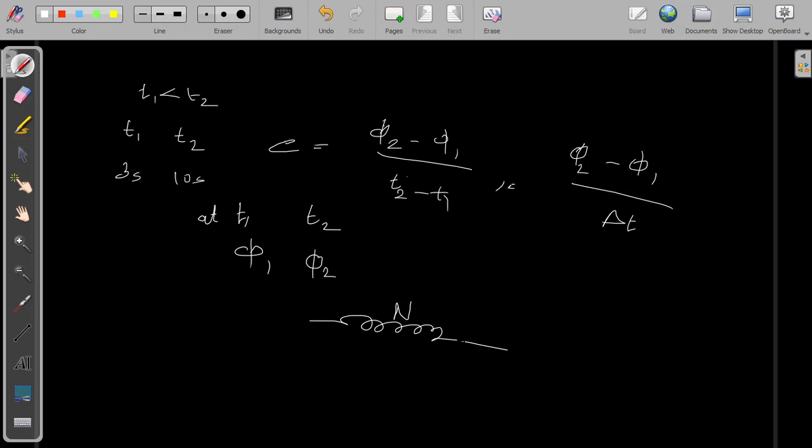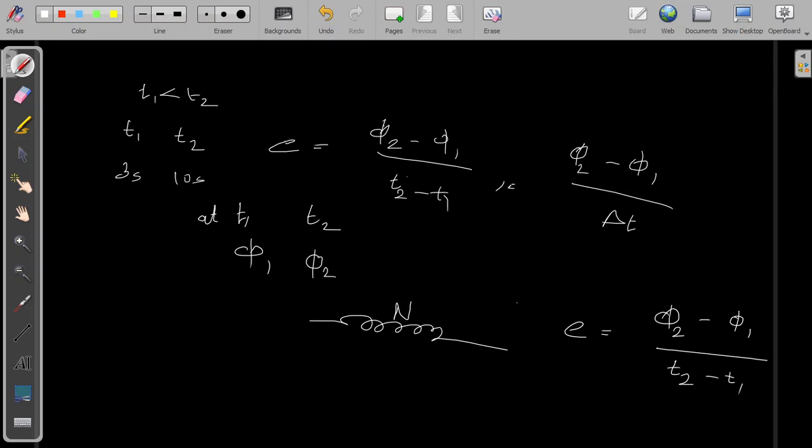Then according to Faraday's second law, what will be the magnitude of the induced EMF? E will be equal to phi2 minus phi1 divided by T2 minus T1.